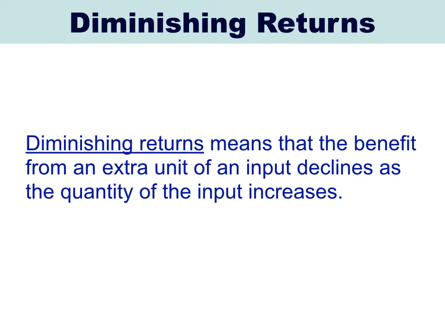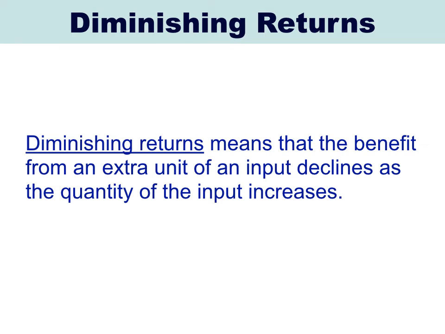There is something called diminishing returns. And it means that the extra efforts that you put forward in some sort of productive activity, the less you're going to get compared to previous inputs. All right, so we talked about this with respect to the production possibilities frontier.